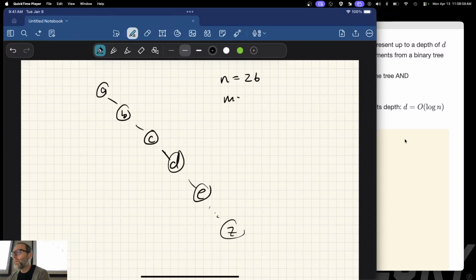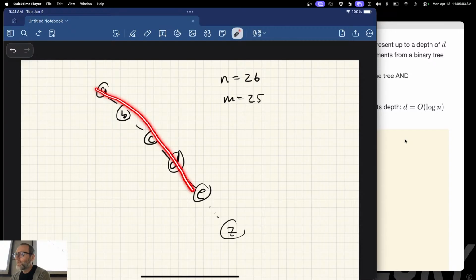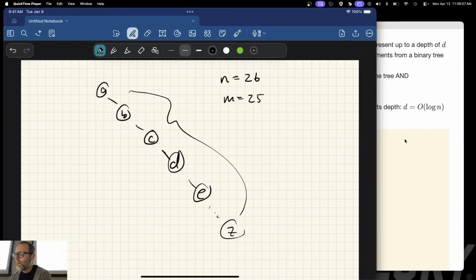Number of edges is going to be 25. What is the depth? What is the length of this path then? This is going to be 25 as well, right? In other words, here the depth is going to be order n. It's going to be proportional to n. In fact, what is this thing right here?